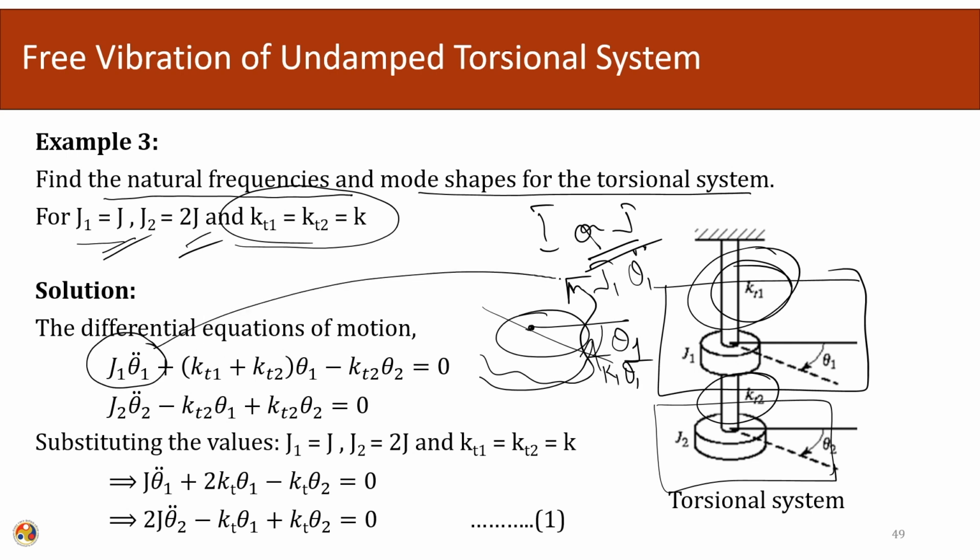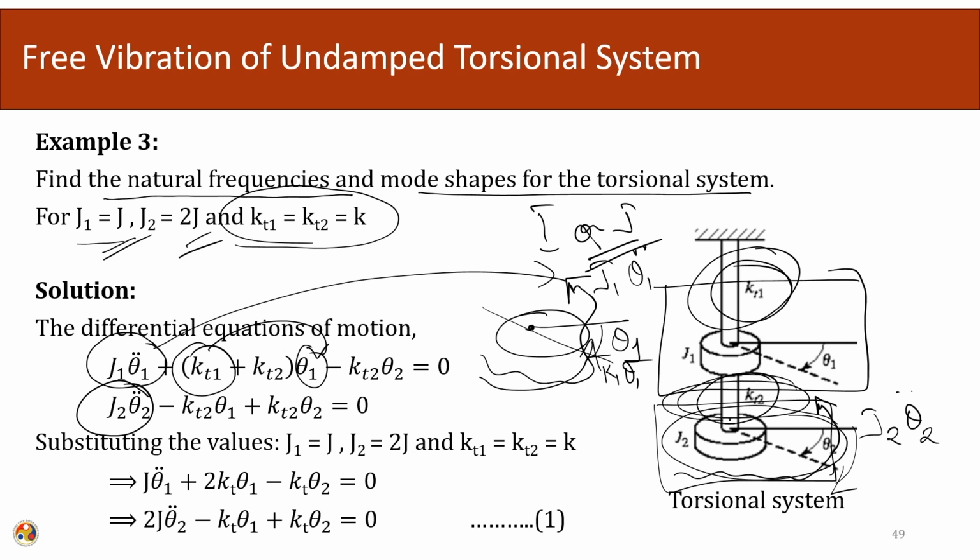Inertial component, K1 theta 1. So, this component is out there. We take the second body, which is again rotating in this fashion. The pseudo inertial component will act in the other direction, so J2 theta 2 double dot. Now, for this spring K2, what is the motion that it is going to see?